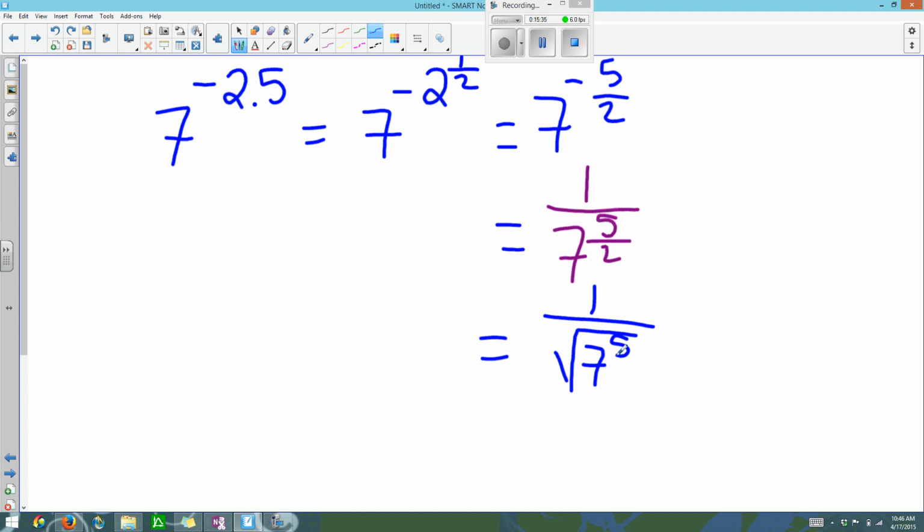Because our rules in this section are interchangeable, meaning that you can go reading left to right and right to left. Okay? So now that I have square root of 7 to the 5th, I can simplify that because I have more 7s than the index. So what would be a way I could simplify 7 to the 5th?